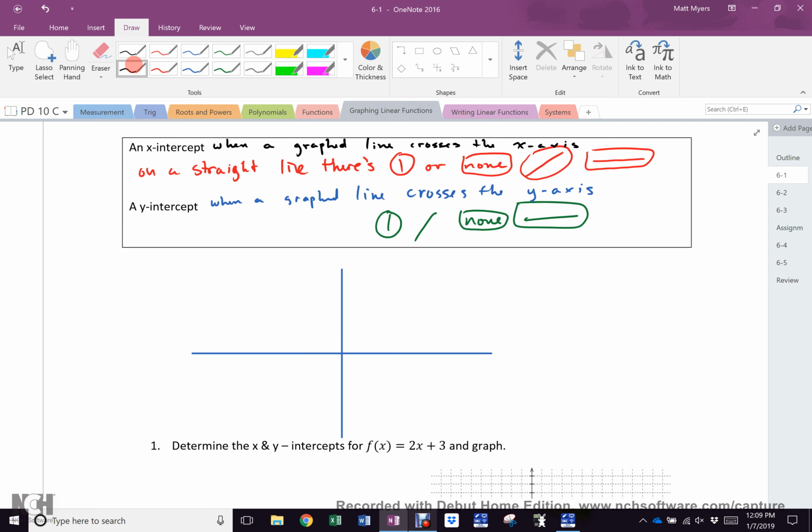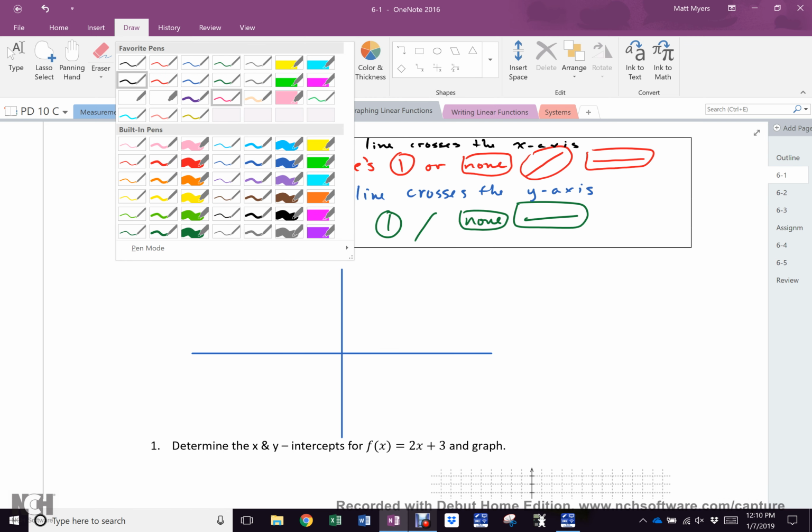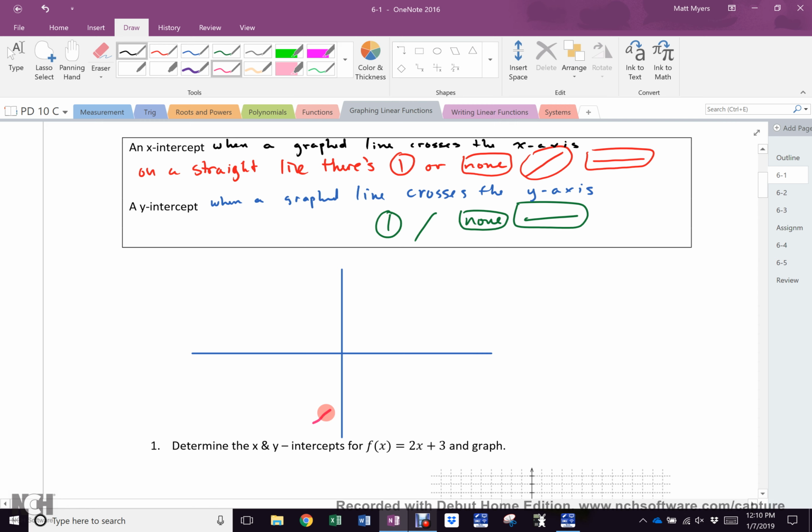Doesn't matter where you draw the line. Everybody draw the line. Do not wait for me to draw a line and draw my line. You draw your line. All you have to do is make sure it is a straight line that hits both the y-axis and the x-axis. It can be anywhere in your graph. I am going to put mine right here.